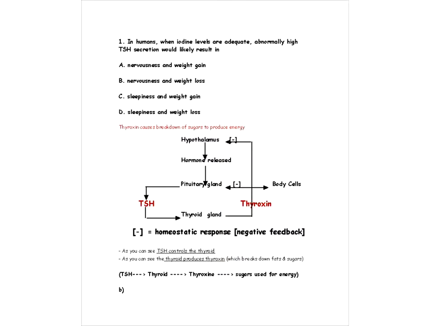So this first question says, in humans when iodine levels are adequate, abnormally high TSH secretion would likely result in. Okay, so let's go over that whole system that deals with TSH. So here's the diagram, and I think it'd be really helpful for you to go over those 3 study guides that I gave out in the beginning.